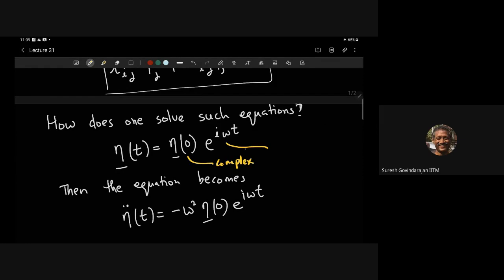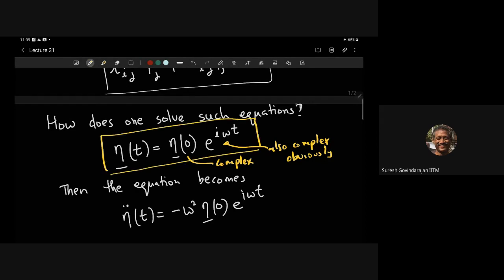Of course, this is also complex. What's the meaning of this? How do we make sense of this? Because these etas are supposed to be real degrees of freedom, and I've written something complex. So what does it mean? Anybody?